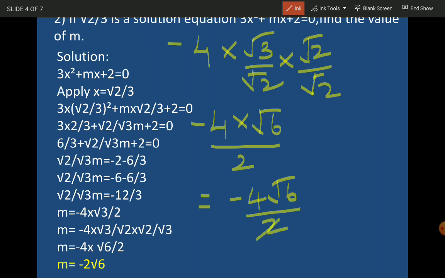Now we can cancel: 2 2s are 4. At last we get the answer minus 2 root 6. So m is equal to minus 2 root 6.